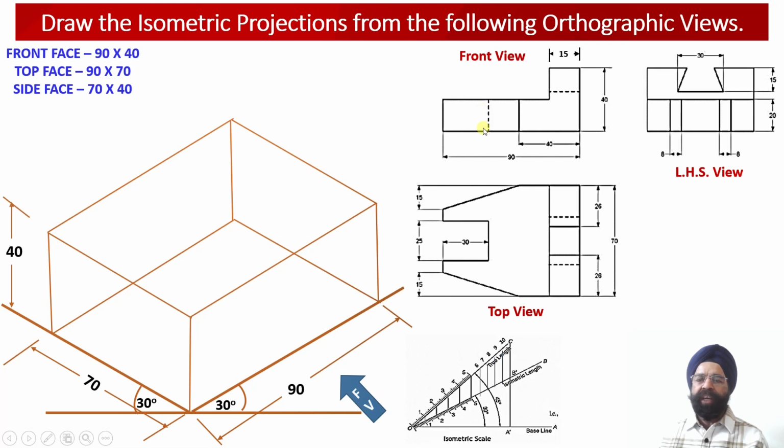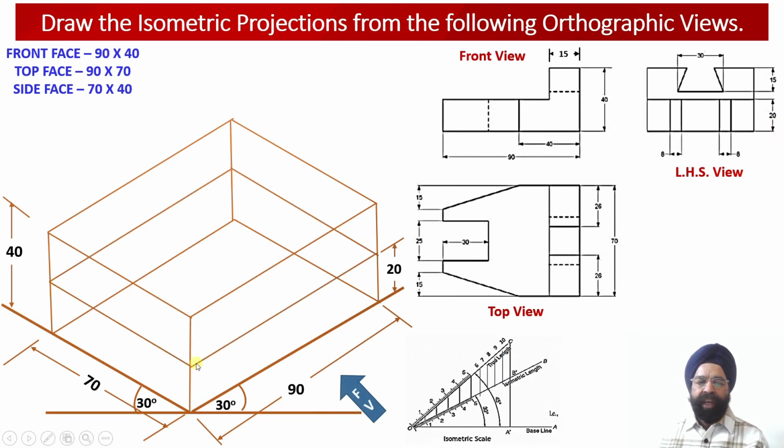So now to begin with, we know that the height of this horizontal web is available with us as 20 millimeter. We know that this height is available over here into the left hand side view orthographic projection view as 20 millimeter. Now a line we have constructed over here which will be parallel to the base of this particular solid. So now onto this line, different elements, that is this inclined surface and this rectangular slot, will be obtained.